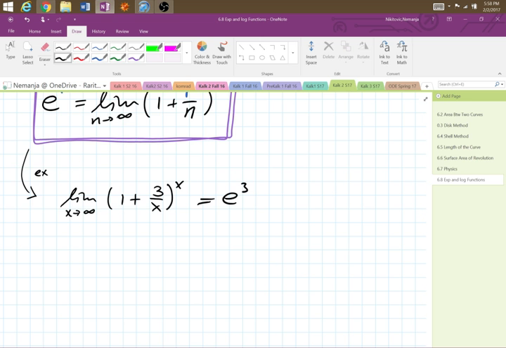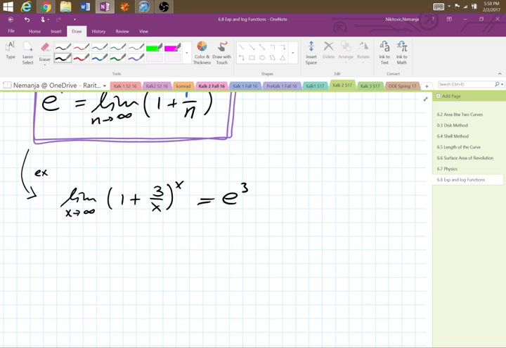So we'll build up to that point and we'll get there. Okay, great. So let's talk about this ln business and then use it to define everything else.